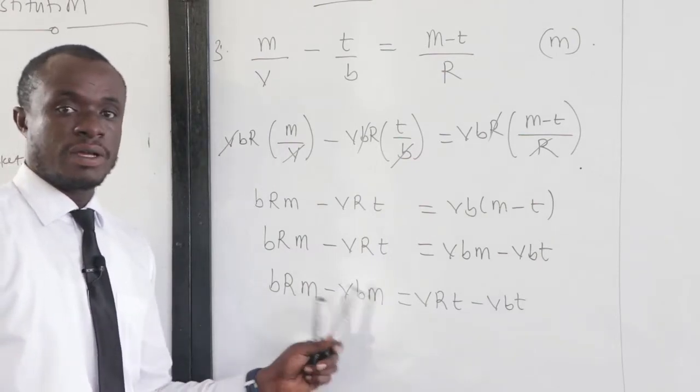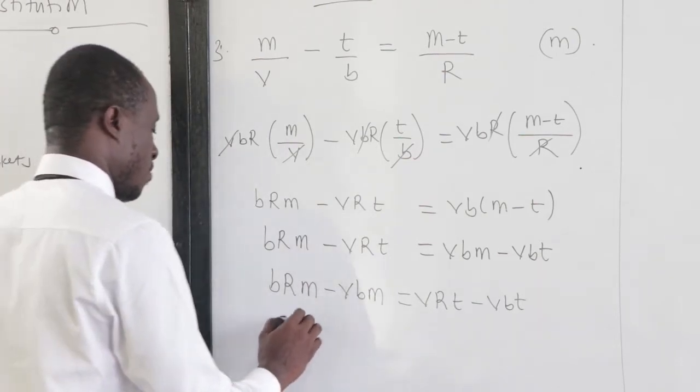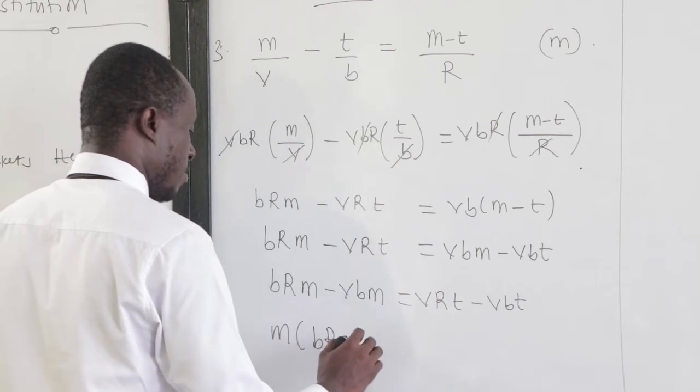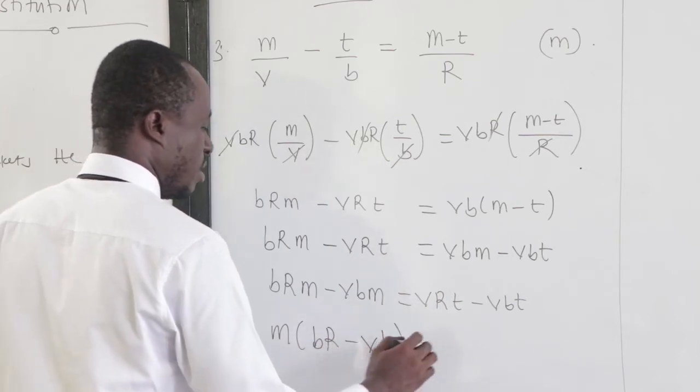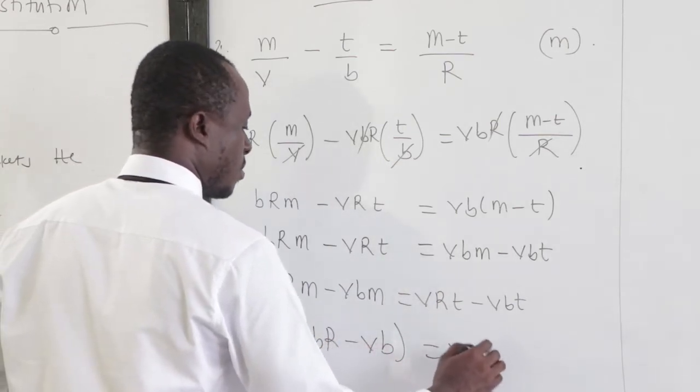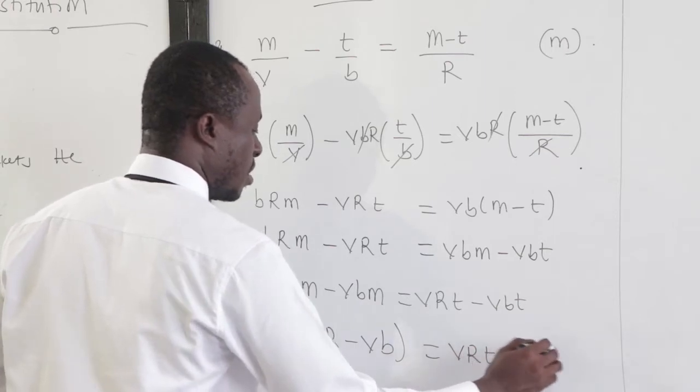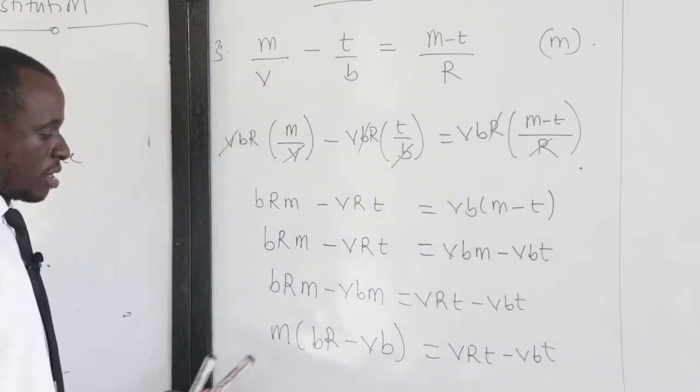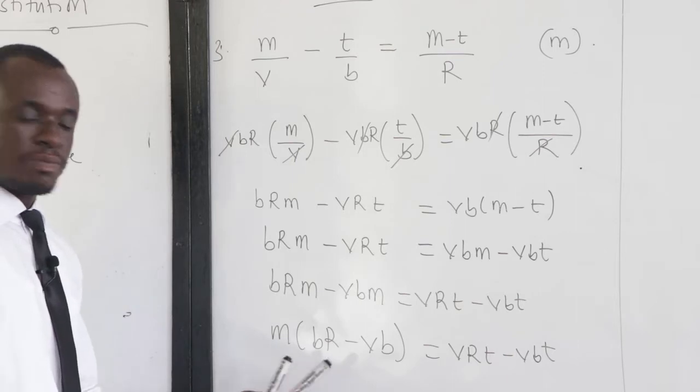Now there's m here, there's m here. What do we do? We factorize m out. So we have m into br minus vb equal to vrt minus vbt. What can we do? We can divide through by what is multiplying the m.